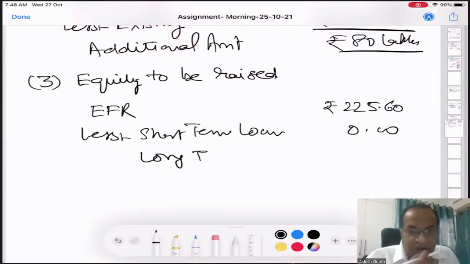Prerna, I think Naveen, your answer is correct. Muthu Lakshmi, your answer is correct. Prerna, but just check it again. Okay, there may be some error. Just check it again.